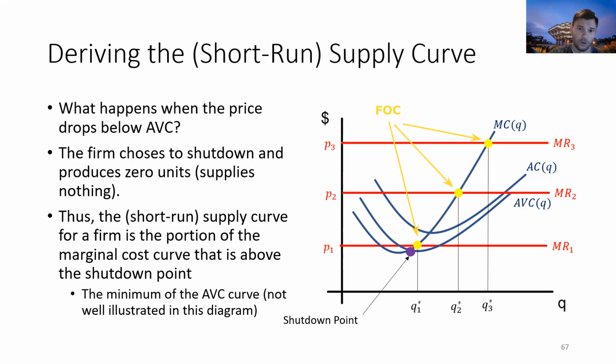So this locus of points that we're looking at in the flashing yellow region, what is that? That is literally the firm's short run supply correspondence, or short run supply curve, if you will. That is the firm's short run supply curve.